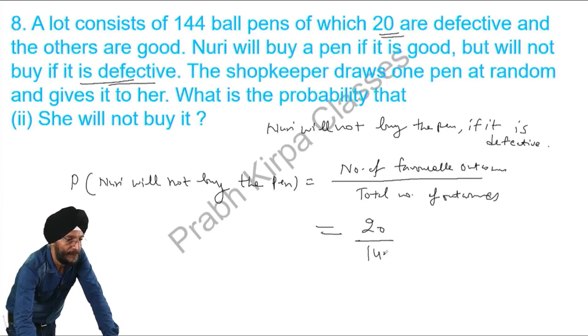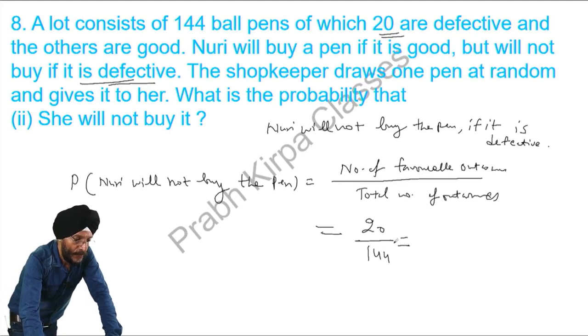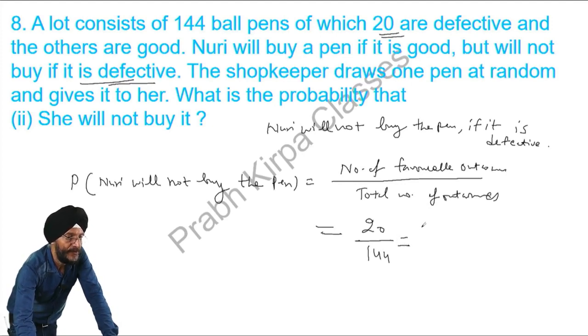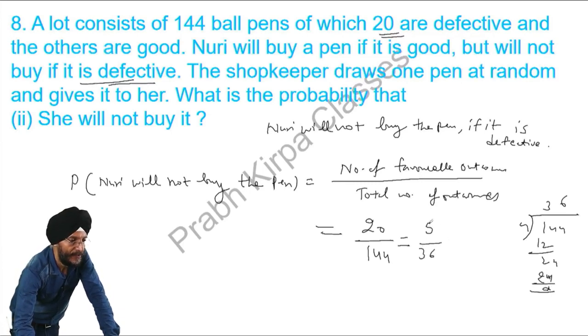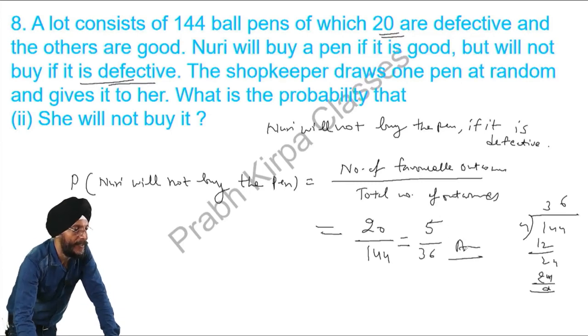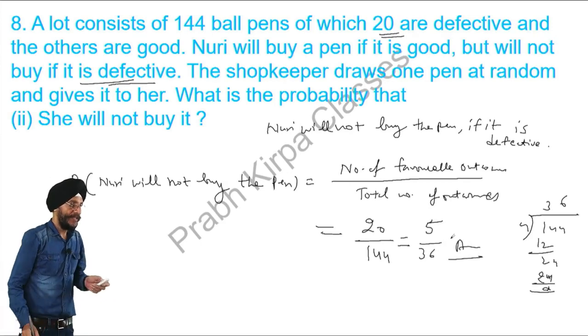It is 144. So here we will divide both by 4. It comes 5. When we divide 144 by 4, let us see what comes. It comes 36. 5 over 36. This is the probability that Noori will not buy the pen.